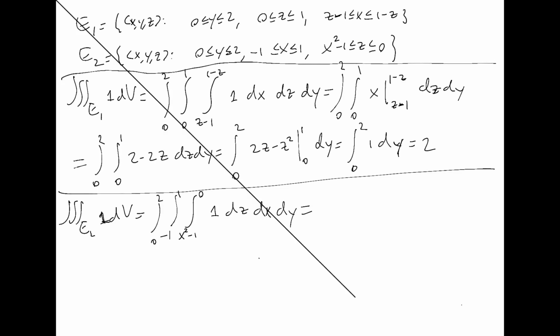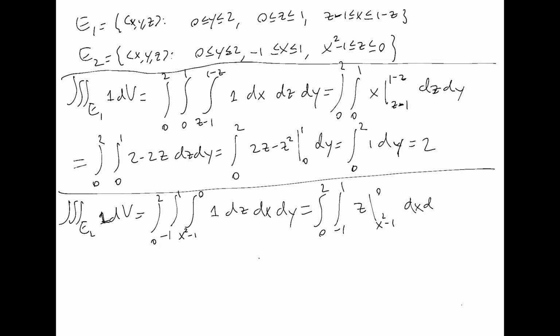Okay, so I get the integral from 0 to 2, the integral from minus 1 to 1. I get z between the boundaries 0 and x squared minus 1, dx dy. So this is the integral from 0 to 2, the integral from minus 1 to 1.